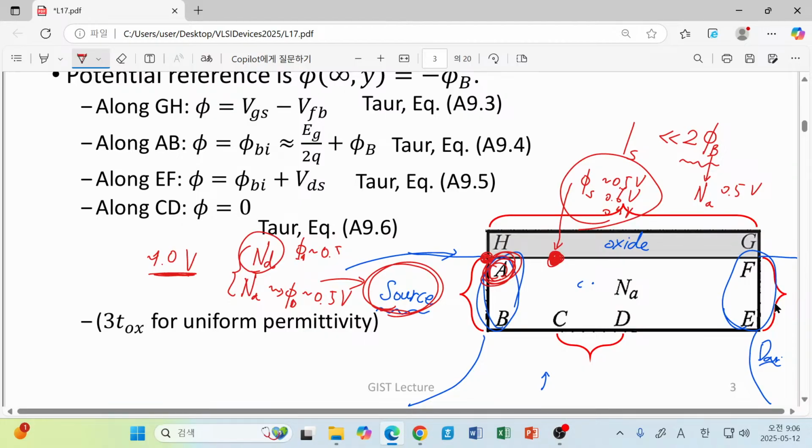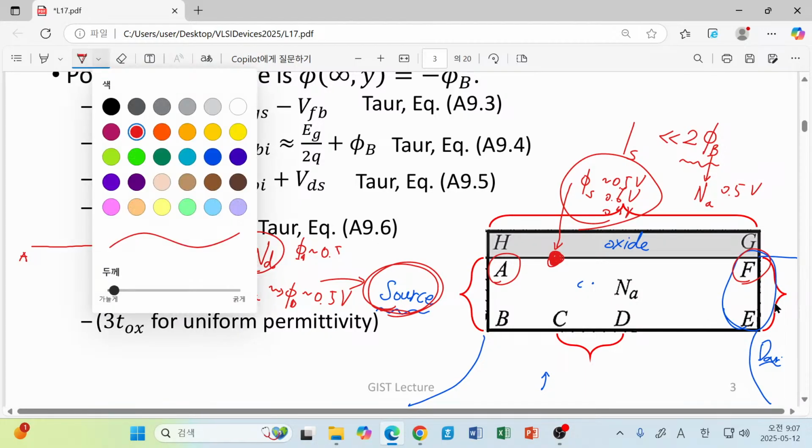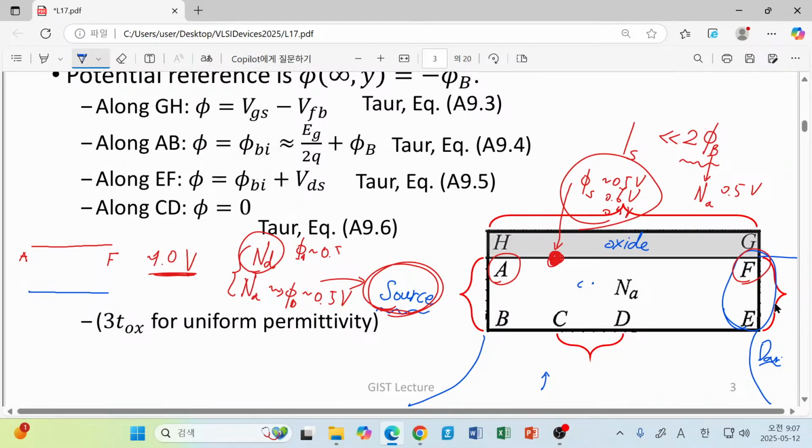So that's the problem. If we just have a look at the graphs, along the line starting from A and ending at F, let's consider this AF line. In our previous long channel case, we had a certain value corresponding to, for example, 0.5 volt, 0.6 volt, or something like that. At a given gate bias, we have a relatively low potential value.